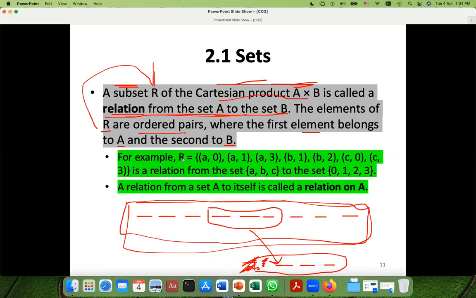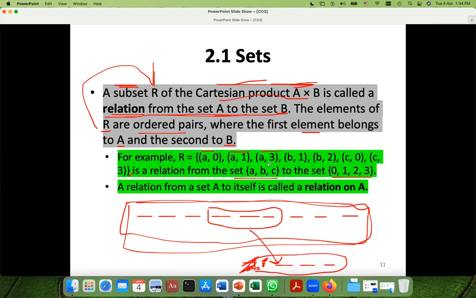So this is an example. For example, this R, and it is the curly bracket here, and it is ending here. And in that you have this element, comma, the second, third, and you have these elements. And it is saying this R is a relation from set ABC to set 0, 1, 2, 3.